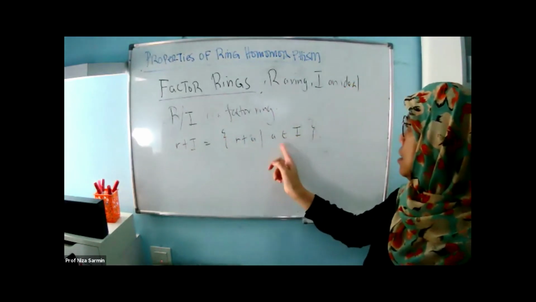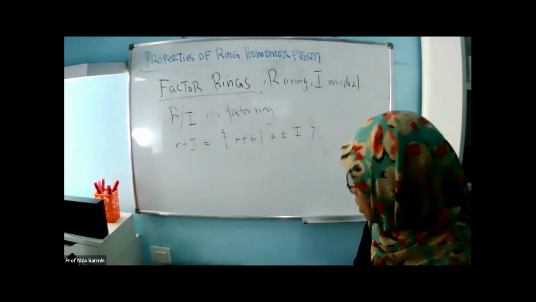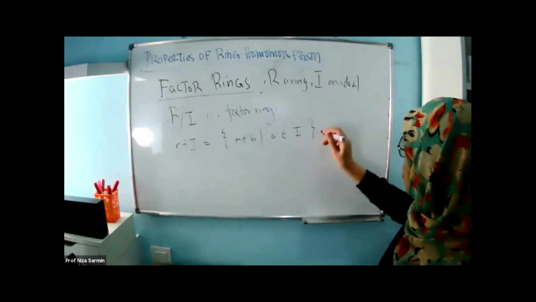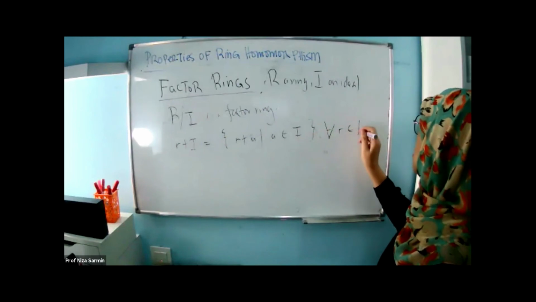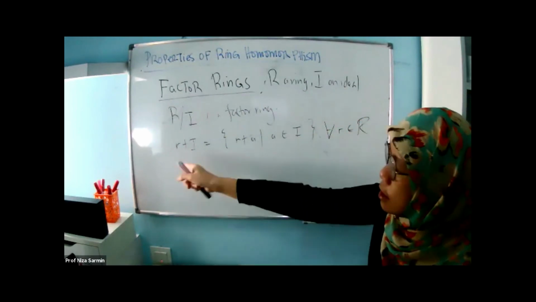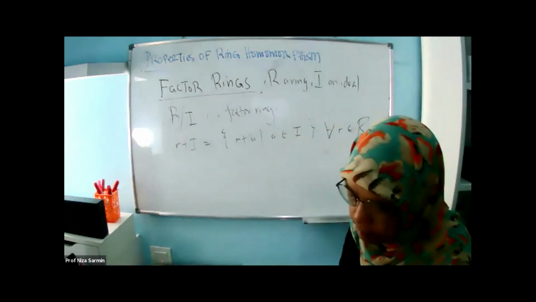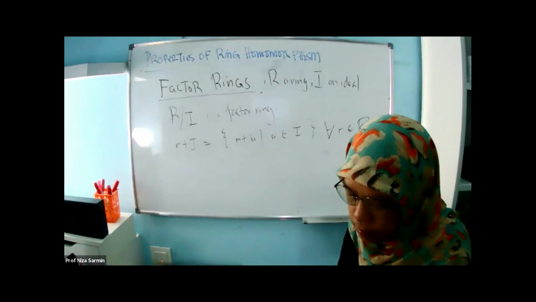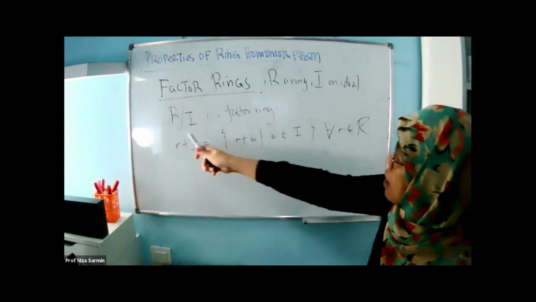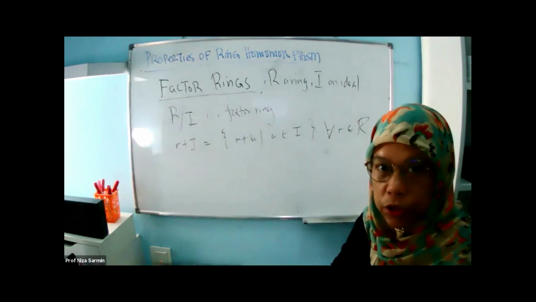So for ideal, R plus A, and A is an element of the ideal, and this is for all R. So this is a coset in a ring. So if I is an ideal, then R mod I is called a factor ring or a quotient ring.